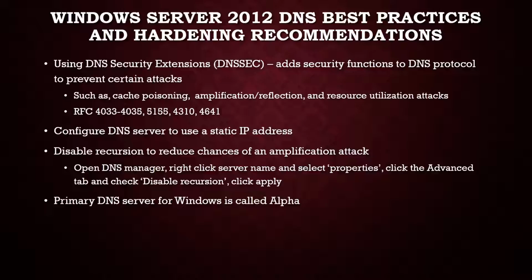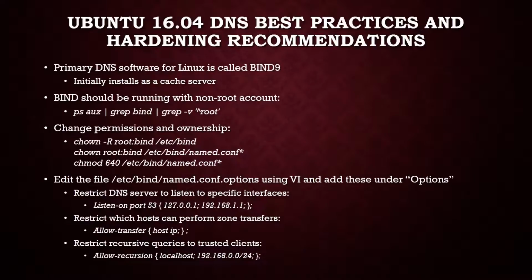Okay. Next, the Ubuntu DNS best practices and hardening recommendations. Primary DNS software for Linux is called BIND 9. This is, I think, the third or fourth installation of BIND.